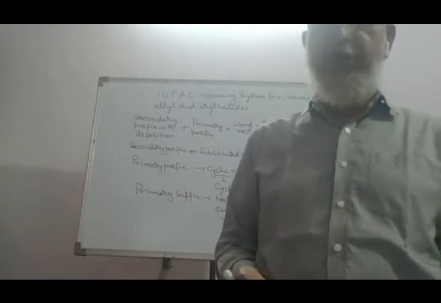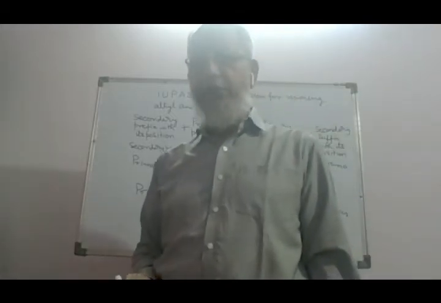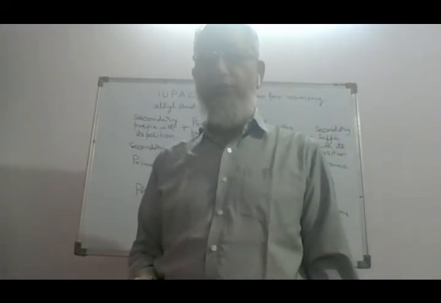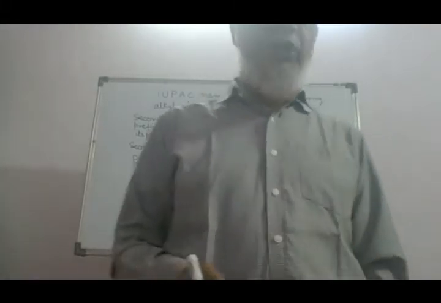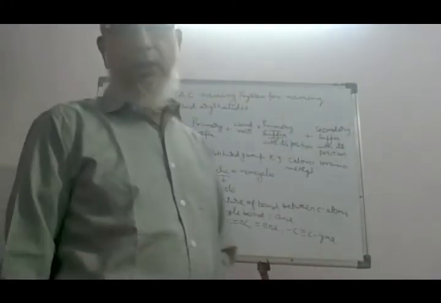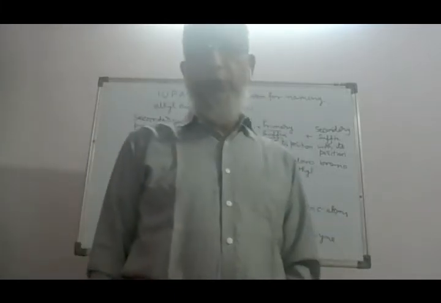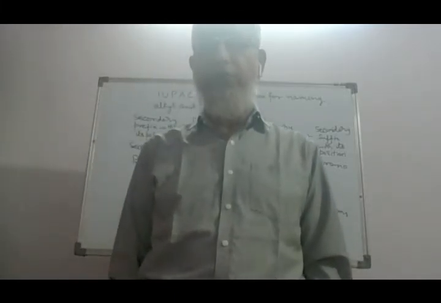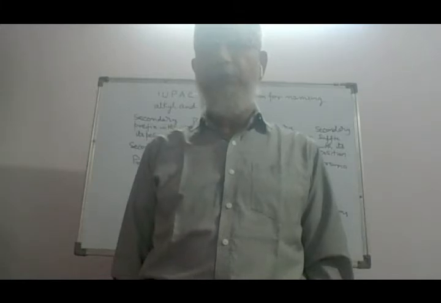If the double bond is starting after the second carbon atom, then it will be 2-ene. If it is after the first carbon atom, it will be 1-ene. And likewise, if there is a triple bond between the carbon atoms, then the primary suffix is yne. So if the triple bond is starting from the third carbon atom from one of its ends, then it will become 3-yne.